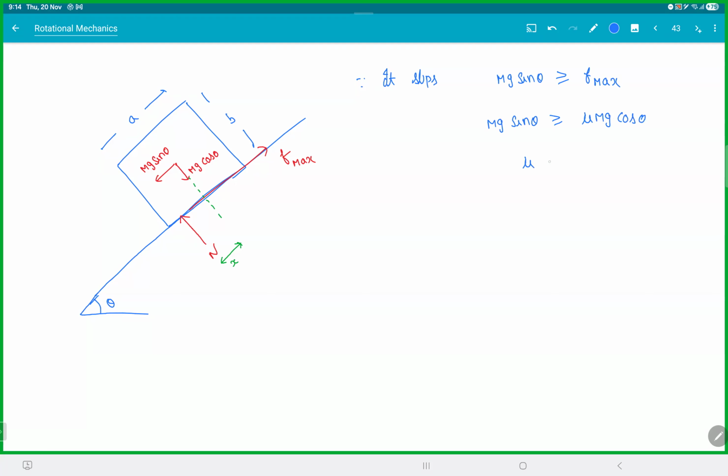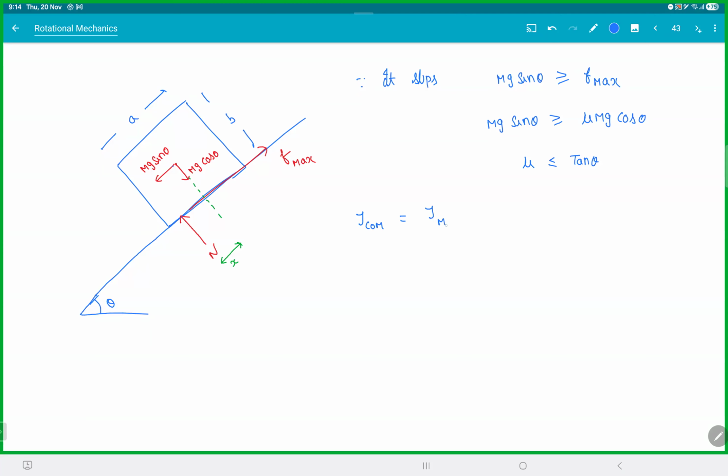So mu must be less than or equal to tan theta. So tan theta is greater than or equal to mu. This is, it will slip. Second thing, you don't want it to topple. Fair enough. So let's take torque about the center of mass.